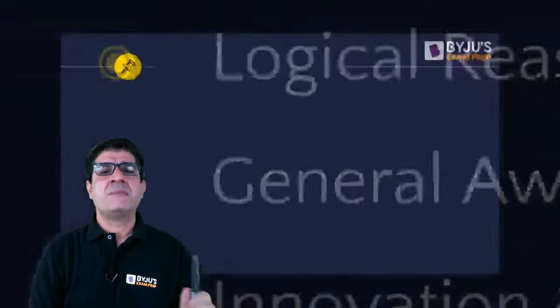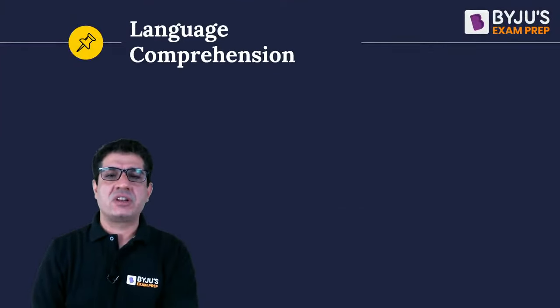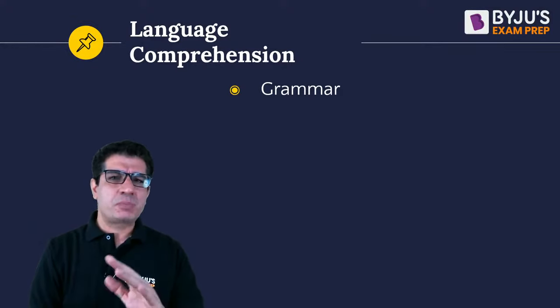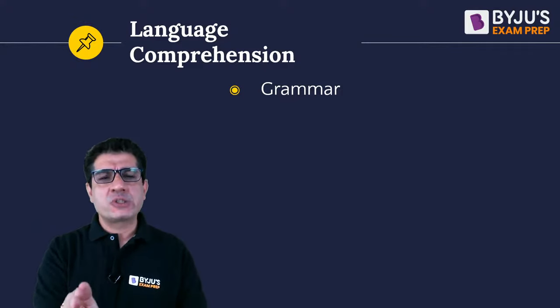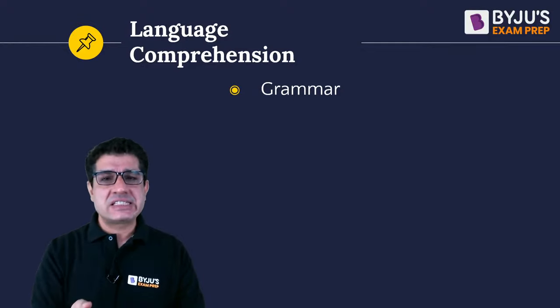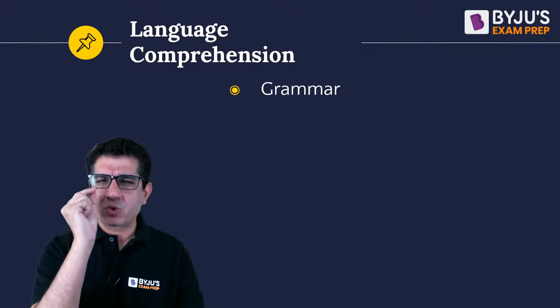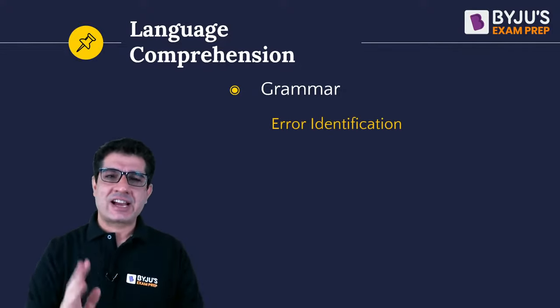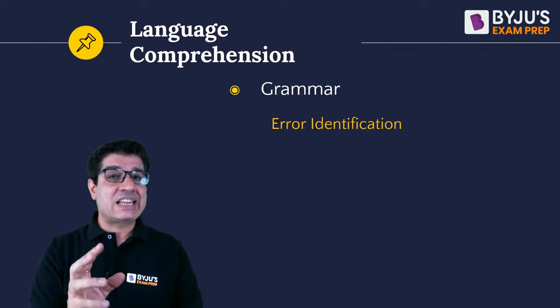So within English, within language comprehension, one of the things that the examiner asks us is grammar. You can reasonably expect somewhere around 4 to 6 grammar-based questions. Most of the questions asked in CMAT essentially test you on just one thing, and that one thing is error identification. Now the presentation may differ.